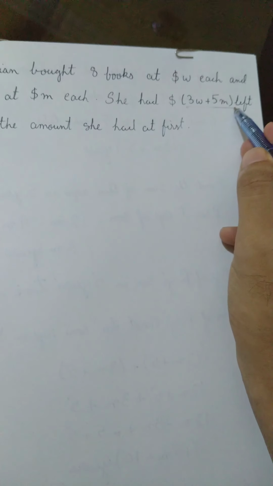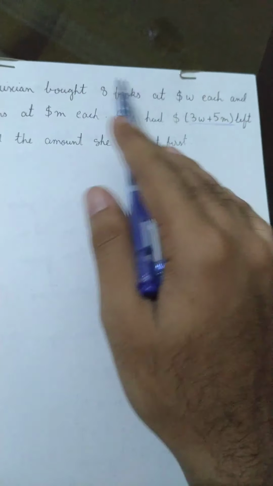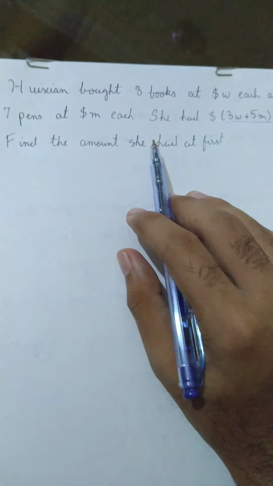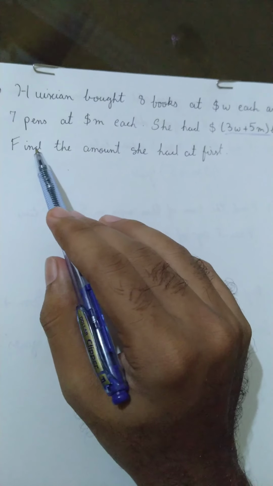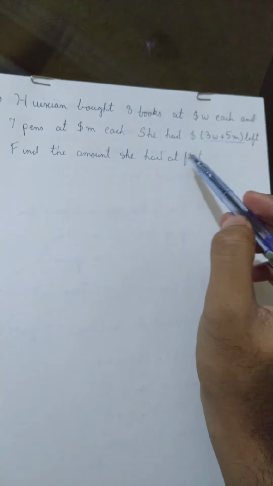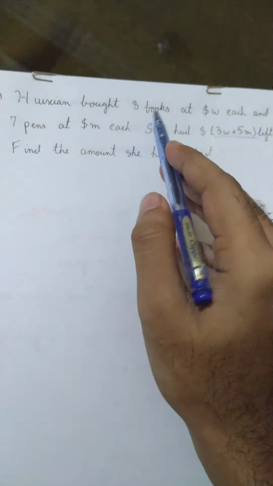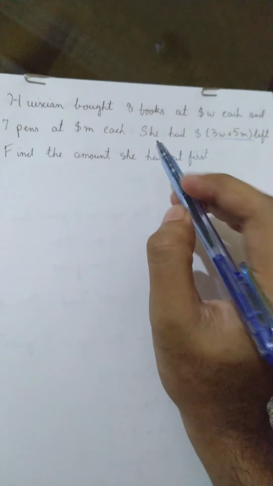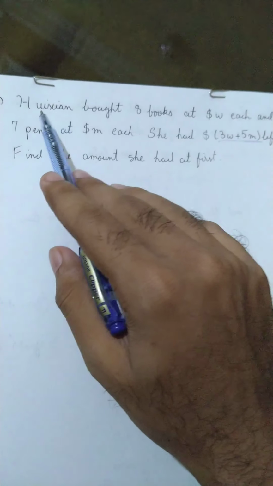This is the amount of money which is left after spending the money on these things, the books and the pens. And here we have to find the amount she had at first. She had at first means the total amount she had before spending on any of the things. So we have to find how much she had.